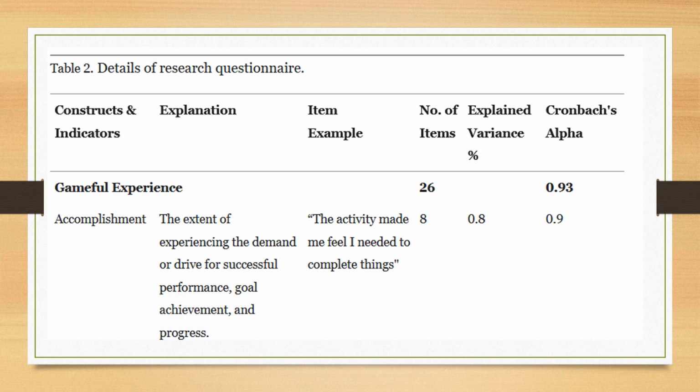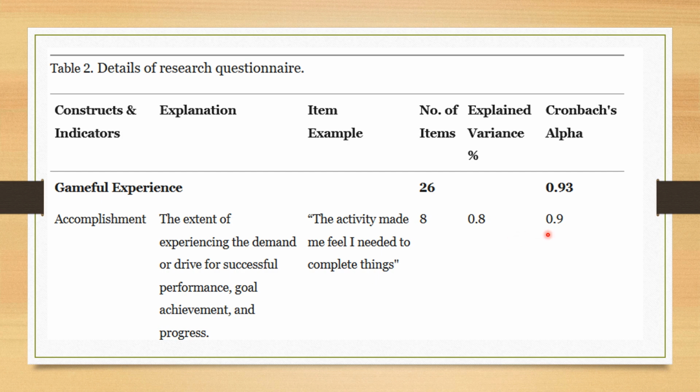But what I want to focus on is the 0.9 Cronbach's alpha over here. So the 0.93 is across the whole construct, in which case this was gameful experience. Within that, they had different sub-things. So there were 8 questions or items in the category of accomplishment.